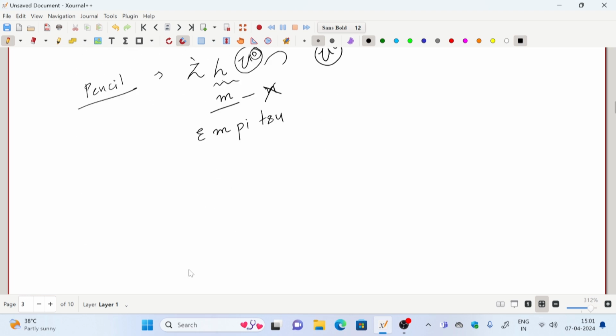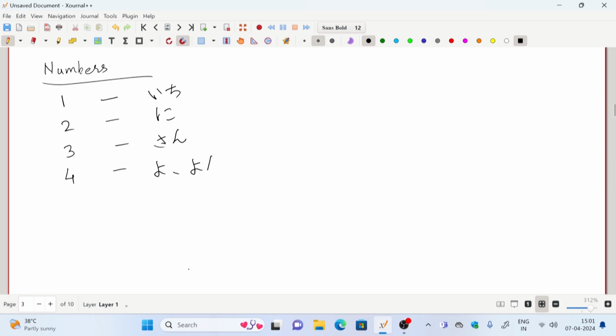Next we'll learn the numbers in Japanese. Numbers will start from 1 till 10. 1 is called ichi. 2 will be ni. 3 is san. 4 is yo or yon.